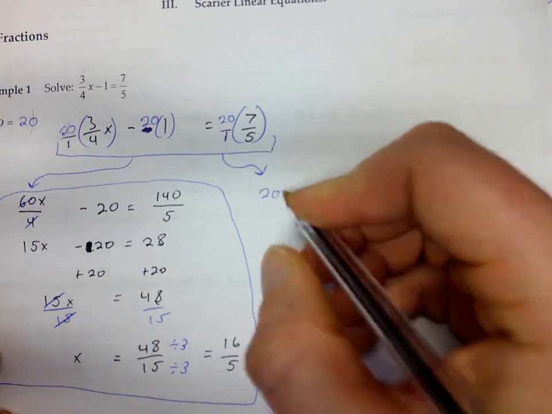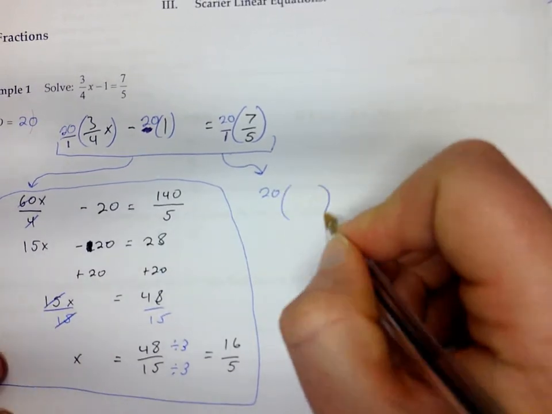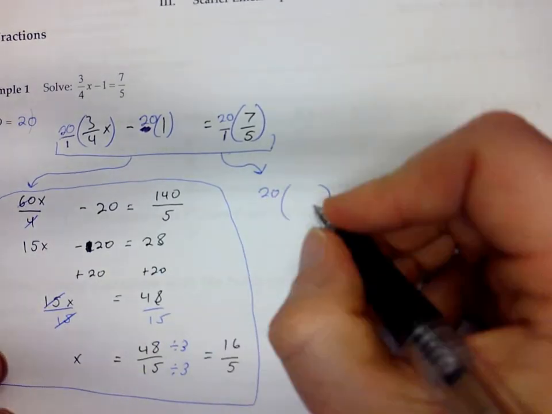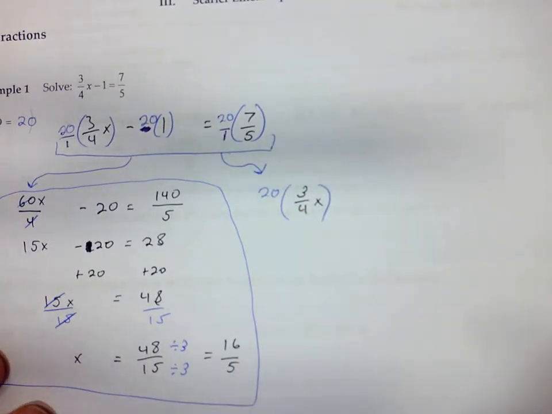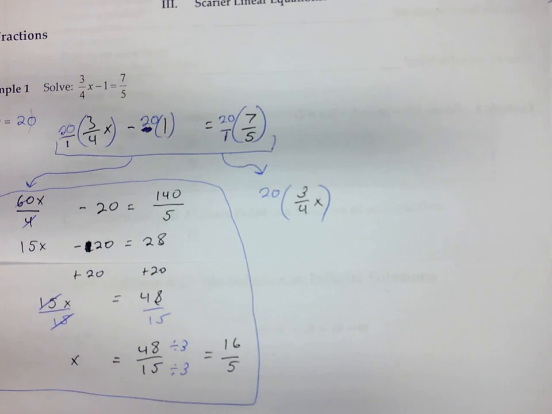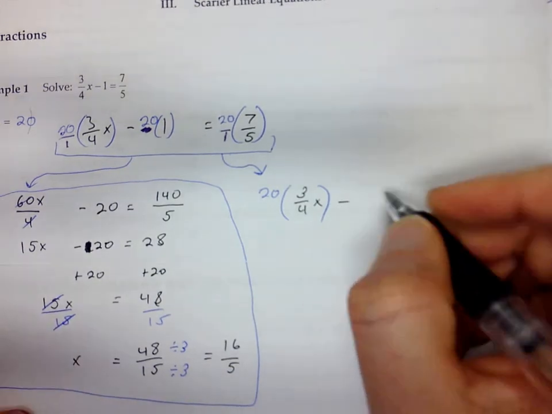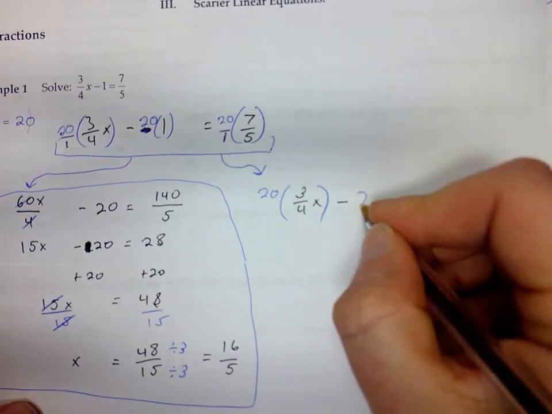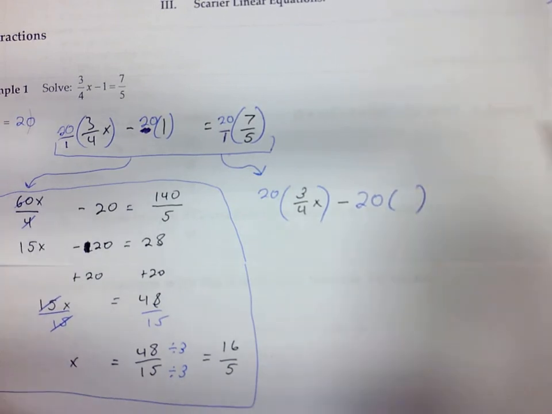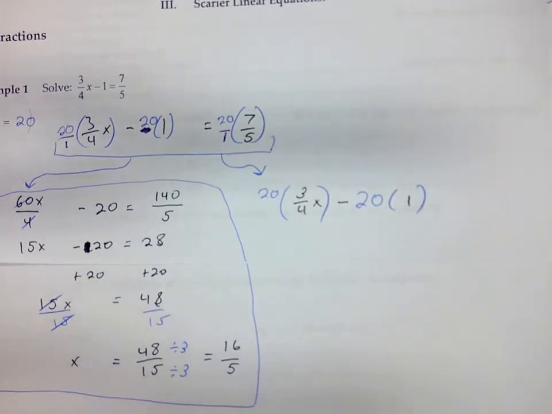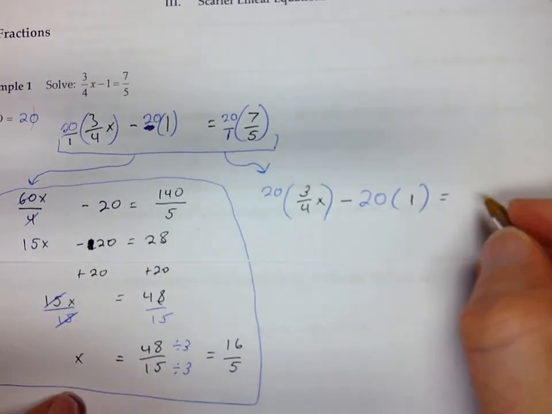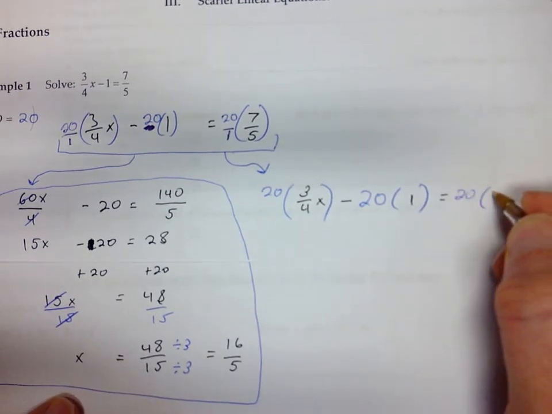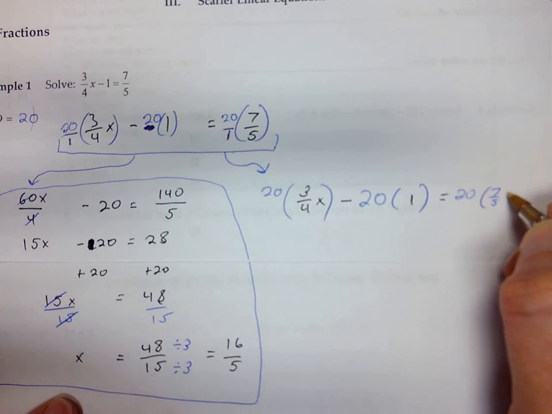We've got 20 times 3/4 x minus 20 times 1 equals this 20 times 7/5.